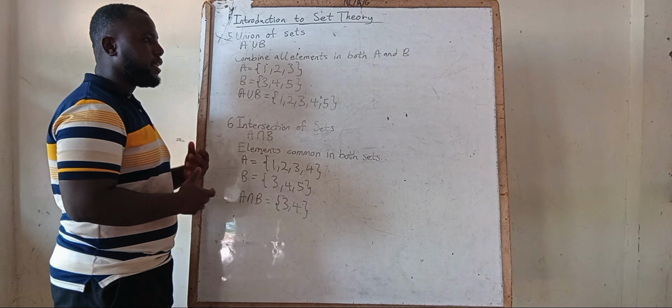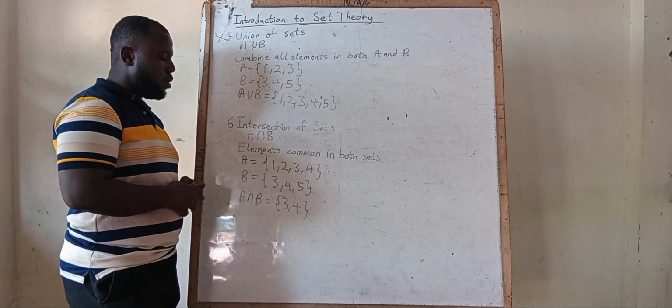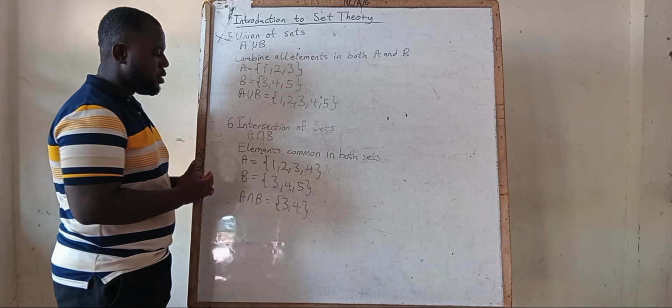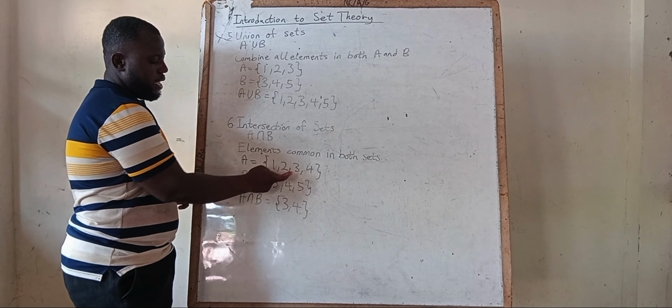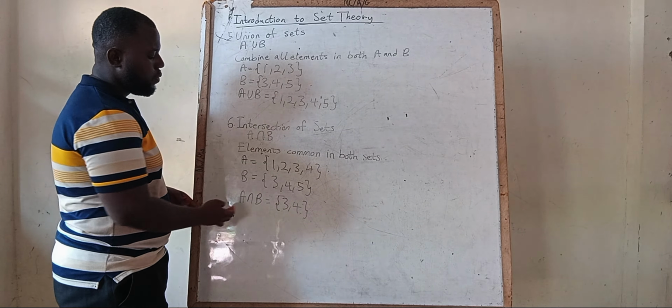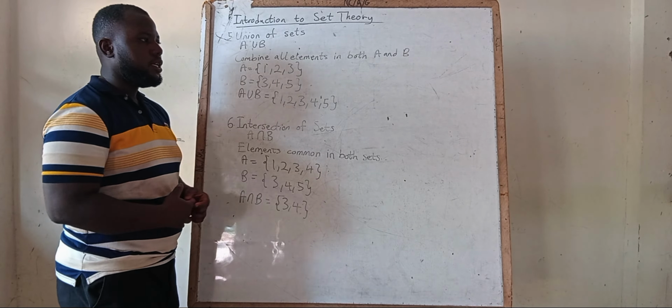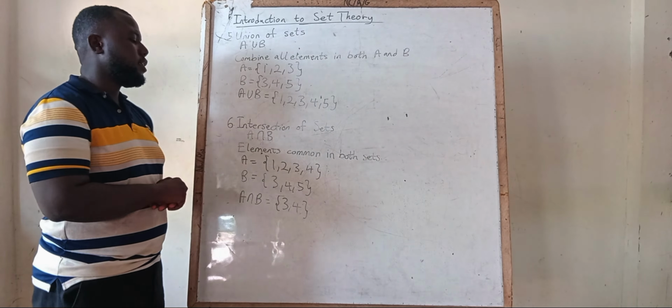You check the elements that are in both A and B. 3 is in A, 3 is in B, and 4 is in A, 4 is in B. So A intersection B will be 3 and 4. That's how we find intersection.